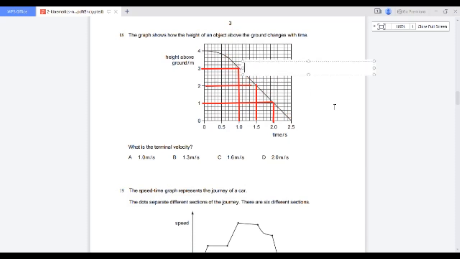For this point, x-axis is 1 and y-axis is 3. For this other point, x-axis is 2 and y-axis is 1.